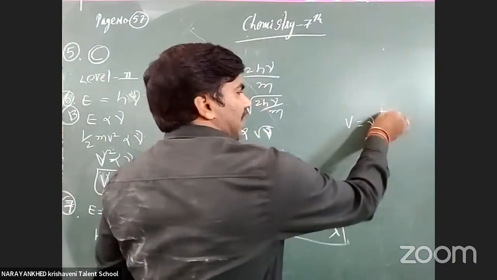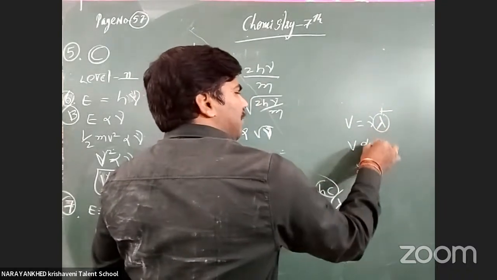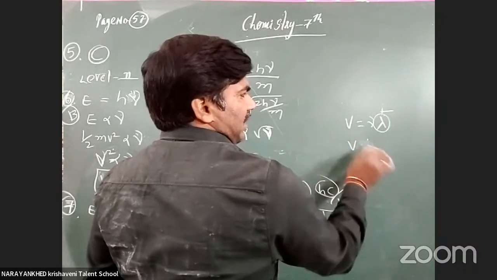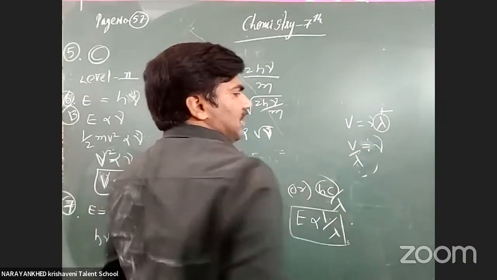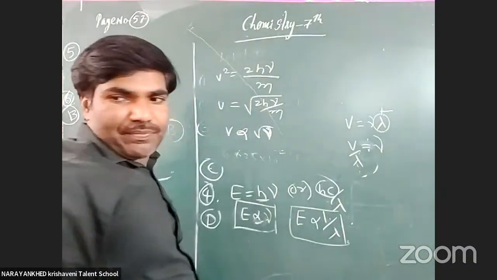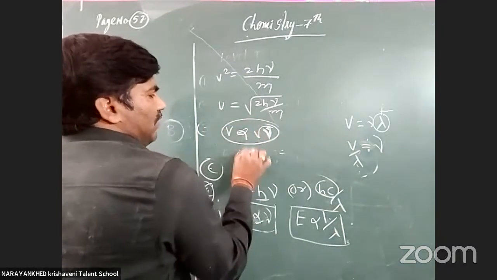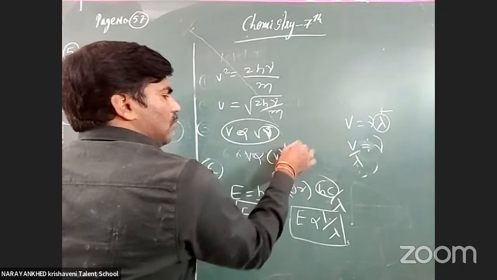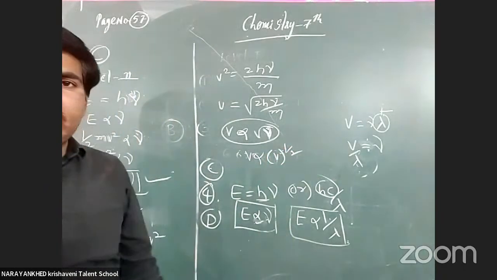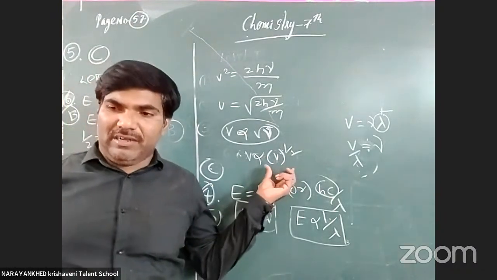In case lambda is a constant, otherwise nu is also written as v by lambda. Then v is directly proportional to nu to the power 1 by 2, which means indirectly inversely proportional to lambda.